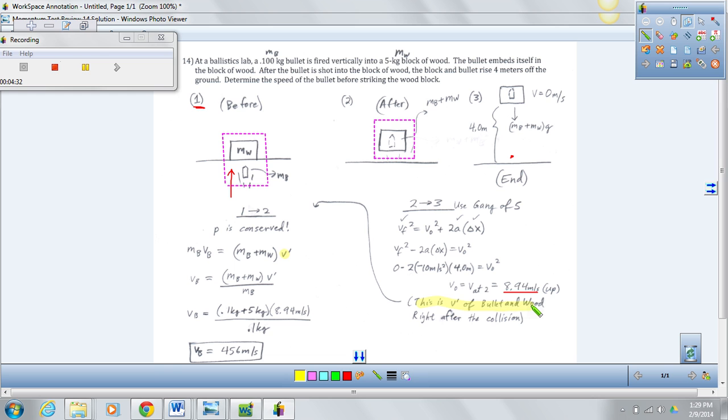I indicated this is the velocity of the bullet and wood right after the collision. So it's just a matter of doing algebra from there. I divide by the mass of the bullet, and I get that the velocity of the bullet equals the sum of the masses times velocity after, divided by mass of the bullet. I plug in my numbers, and it spits out that the velocity of the bullet is 456 meters per second. That's pretty much it.